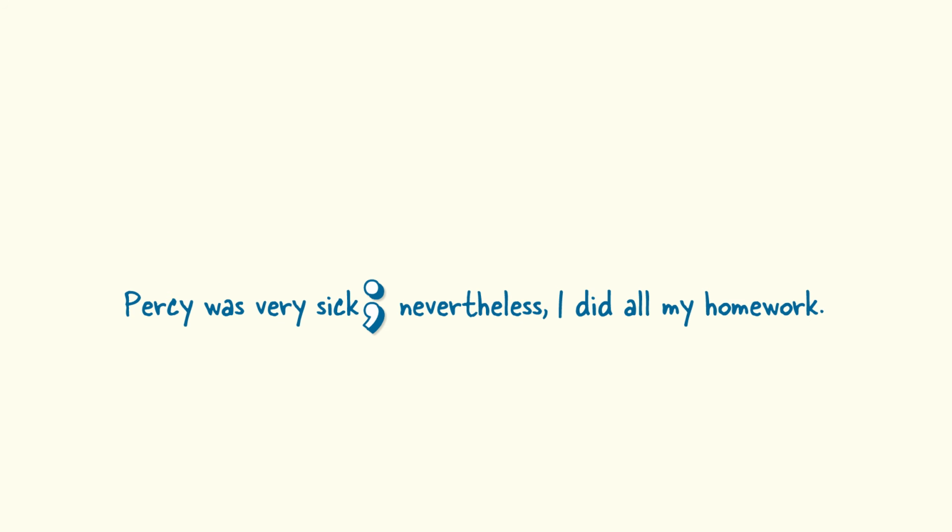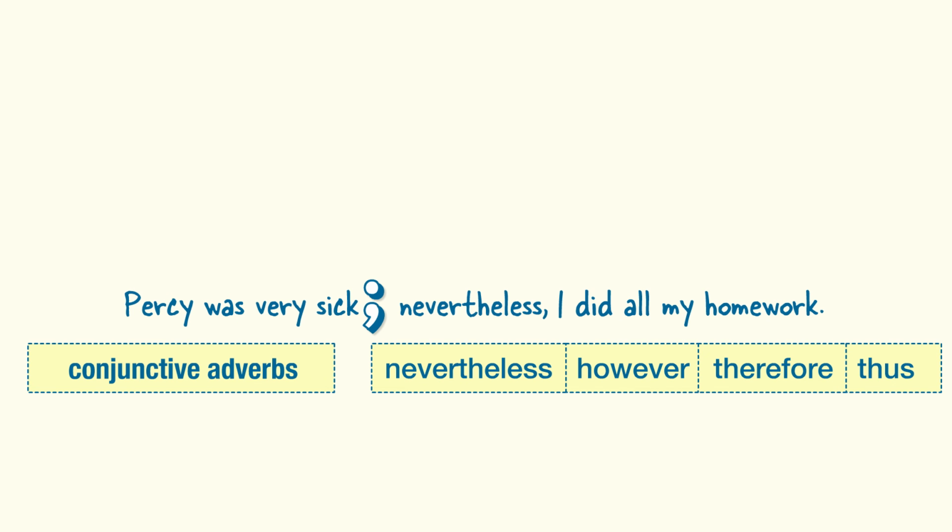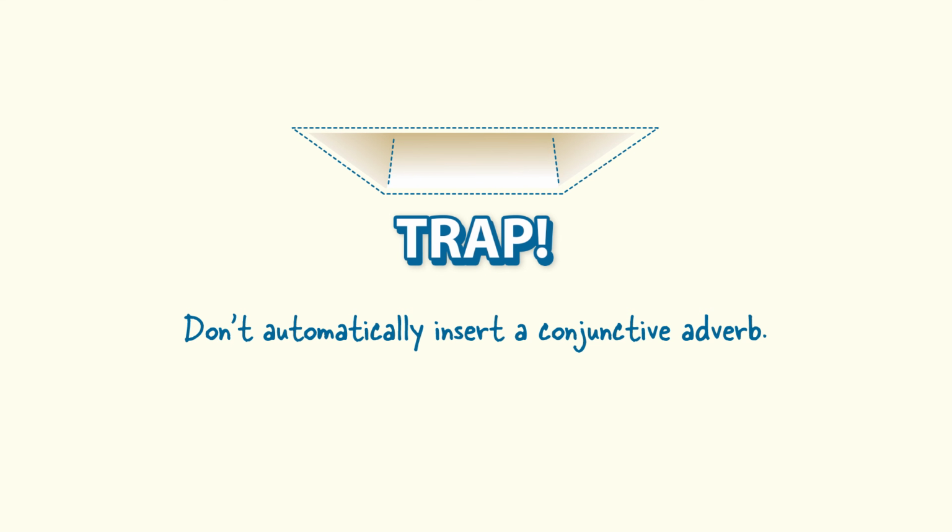Perfect. Just remember that you need a semicolon, not a comma, with words like nevertheless, however, therefore, and thus, words we call conjunctive adverbs. They can't link main clauses with a comma the way words like and, but, and so can.